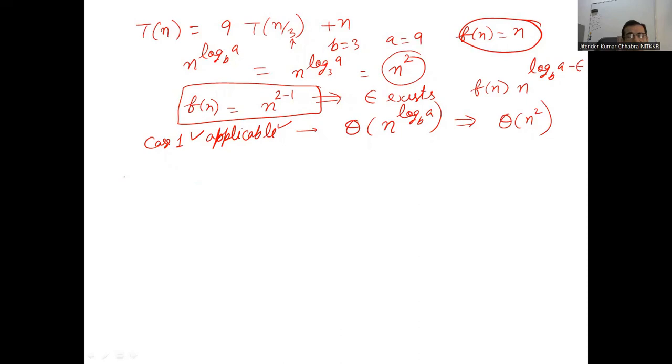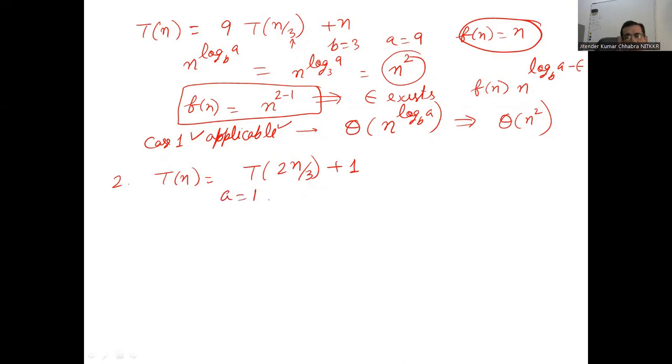Then going to another case, second situation, where let's assume Tn is given as Tn = T(2n/3) + 1, the same example given in the book. It is a mathematical relation where the recursive call is made with 2n/3.